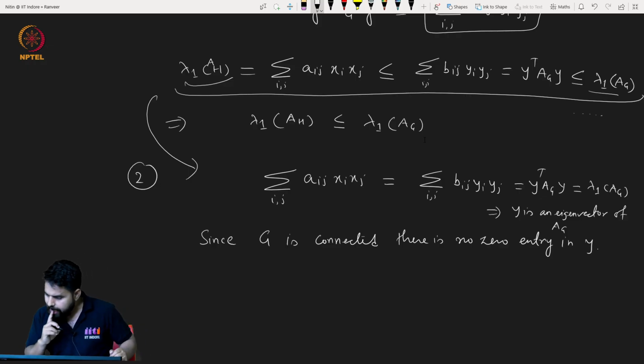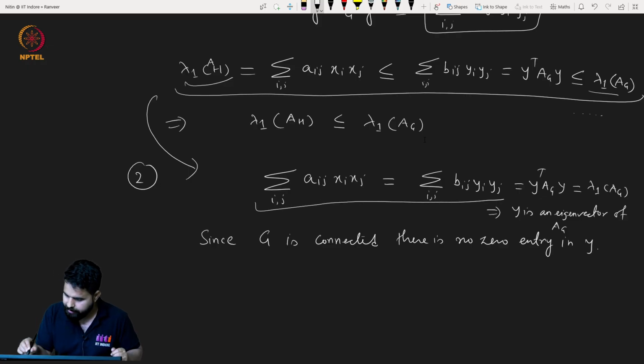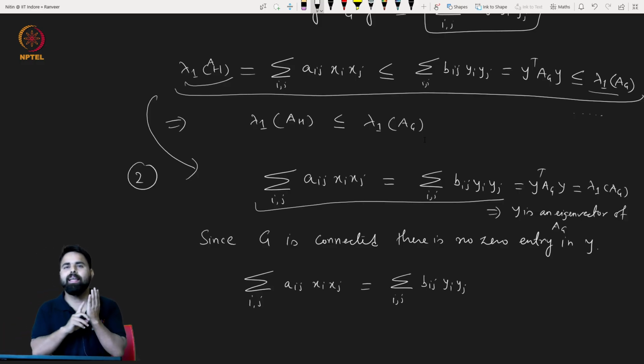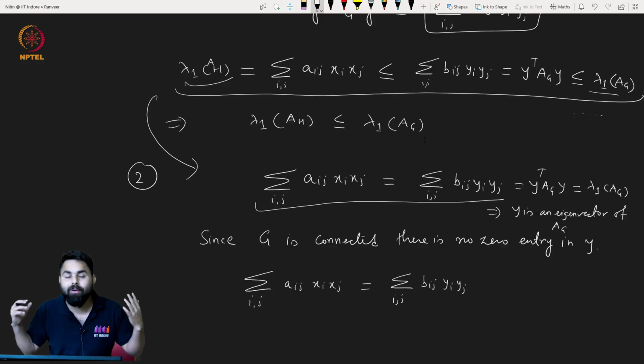Now let me write this equality again: the summation of a_ij x_i x_j equals the summation of b_ij y_i y_j. Remember, all a_ij are non-negative, all b_ij are non-negative, x is non-negative and y is positive.